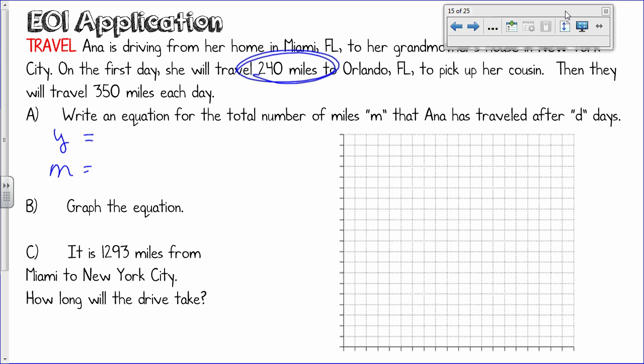So 350D plus 240. How do I get D by itself? Oops, that should be 1,293 minus 240. Divide by 350. D equals whatever it is.